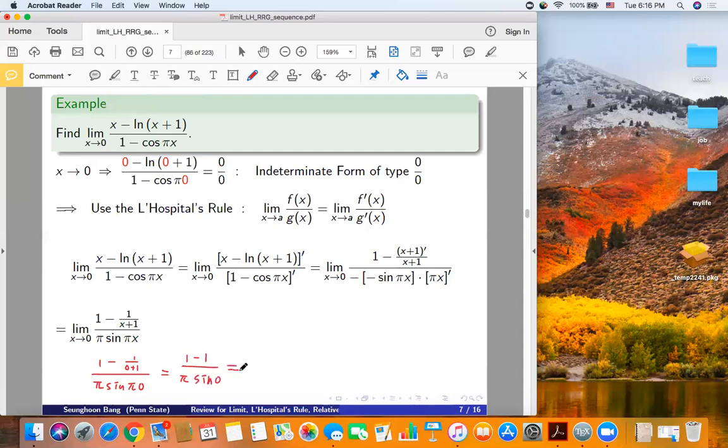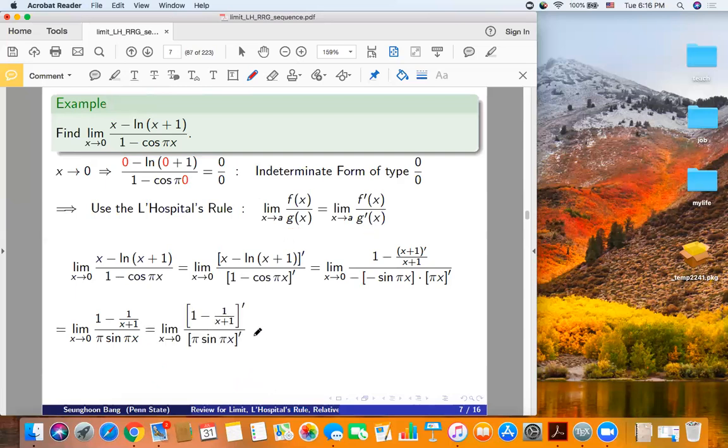The numerator is 1 minus 1, which is 0. What is sine of 0? Sine of 0 is 0. So we have 0 over 0 form again, and we can use L'Hopital's rule again.